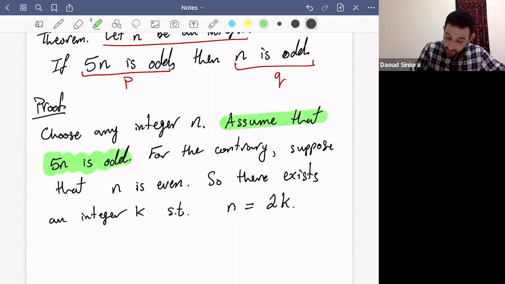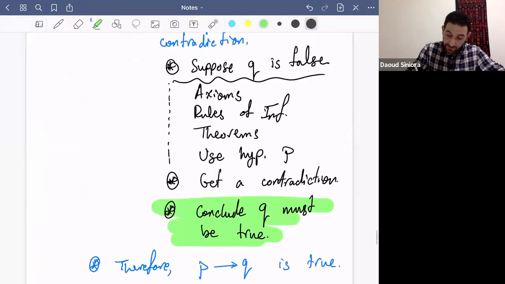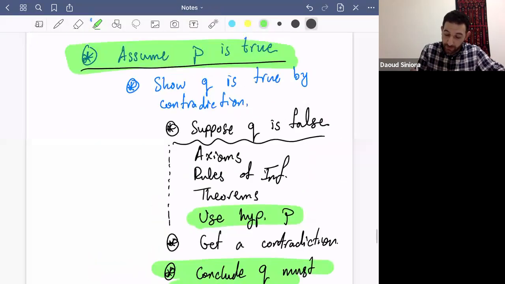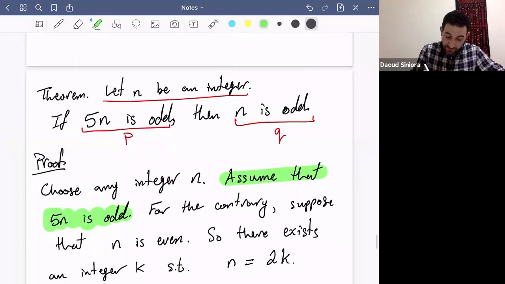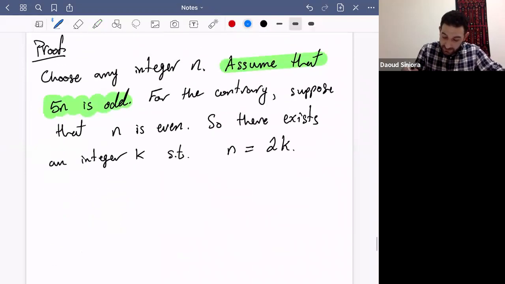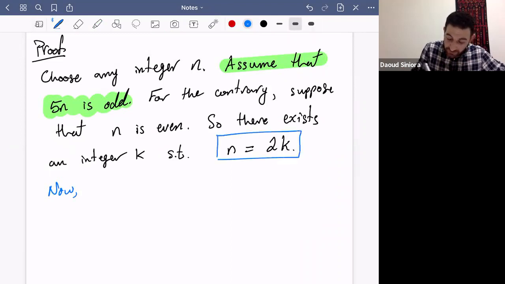We assumed that 5n is odd. This is P, so here we can use P, the hypothesis. Let's see now what we know about 5n when we assumed n is even.